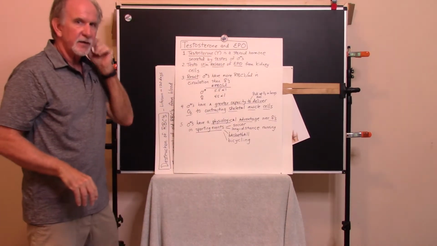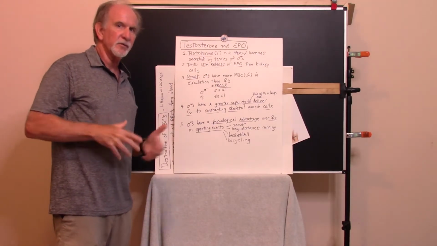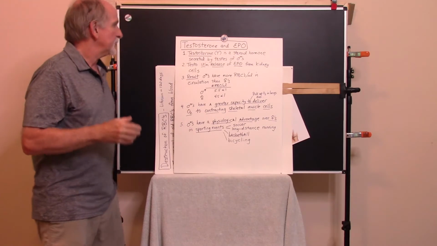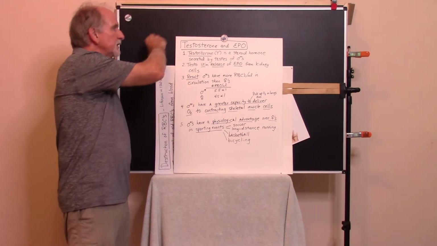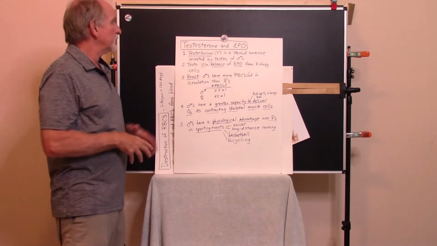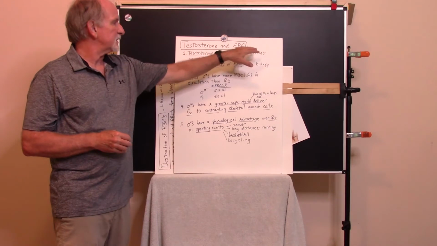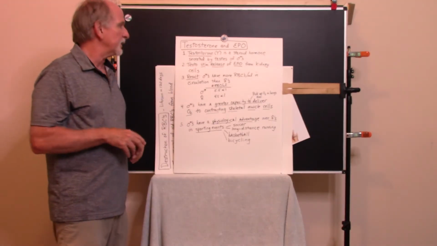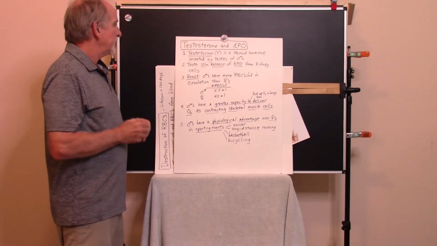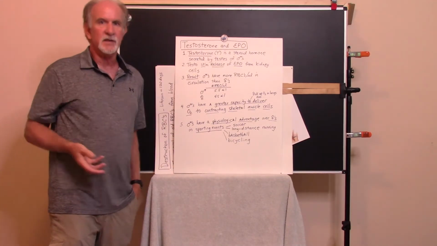It turns out that the higher number of red cells per microliter that we see in males is tied to the influence of a steroid hormone produced by the testes of guys called testosterone. So testosterone is a steroid hormone secreted by the testes, and it stimulates the release of EPO from kidney cells.